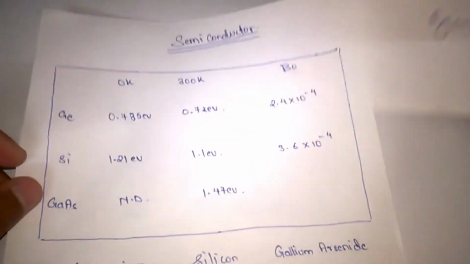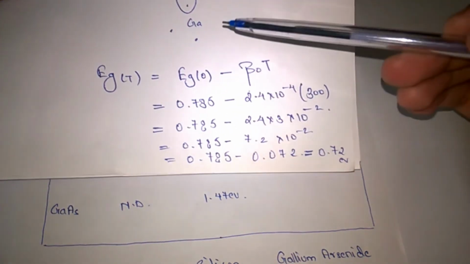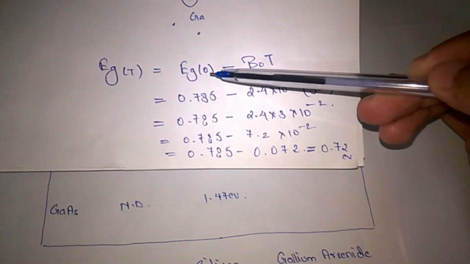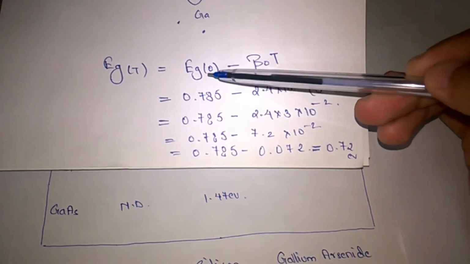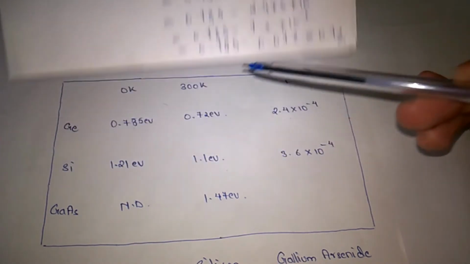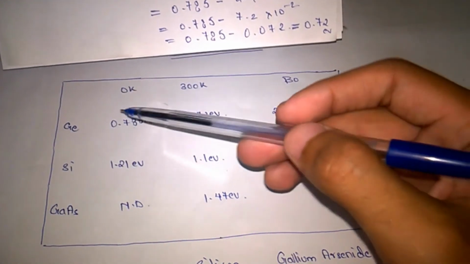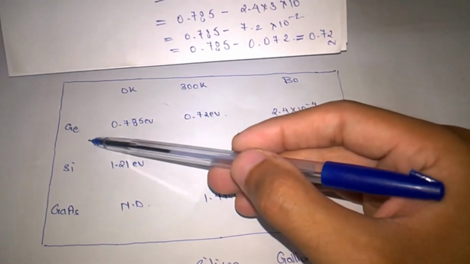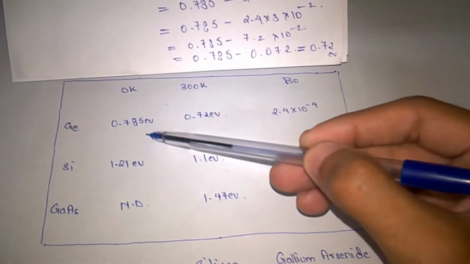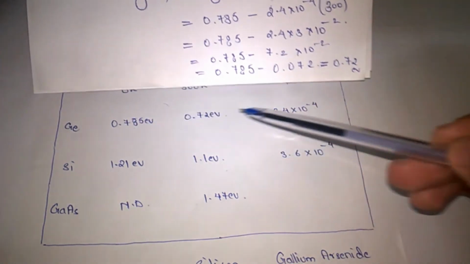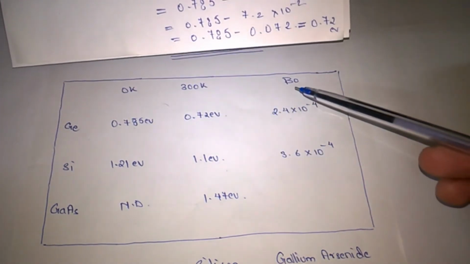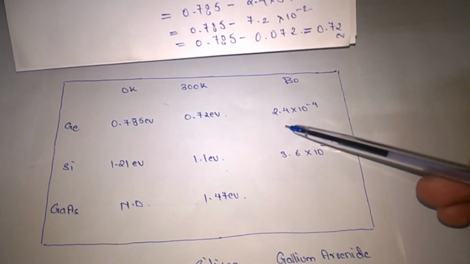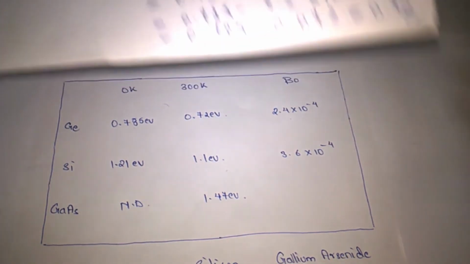By this table you can see that at 0 Kelvin, the value of energy gap for germanium is 0.785 electron volts, and the value of beta naught for it is 2.4 into 10 to the power minus 4.